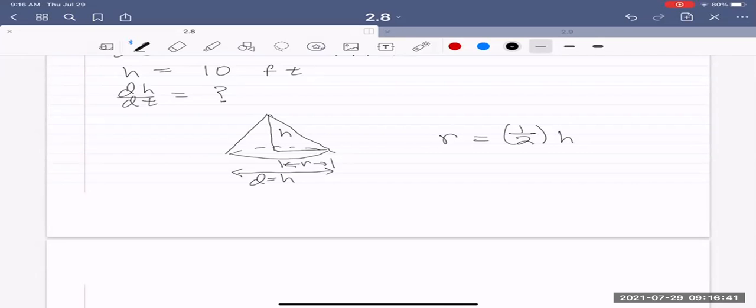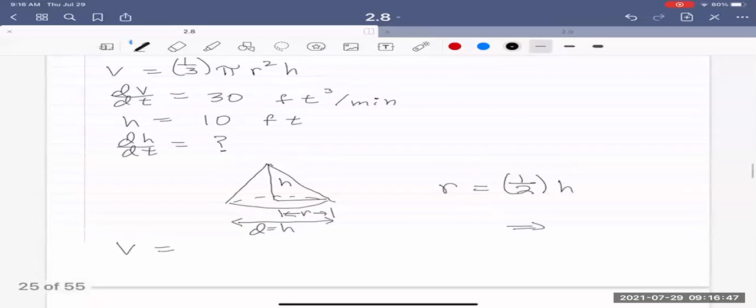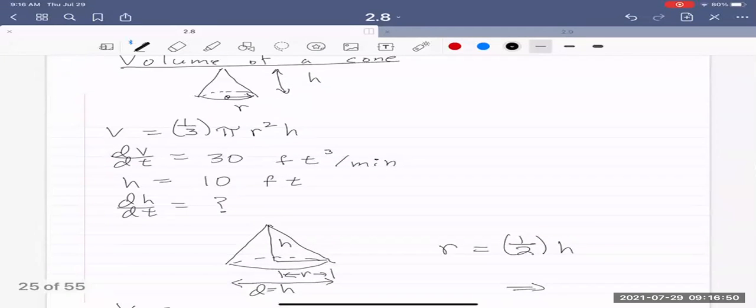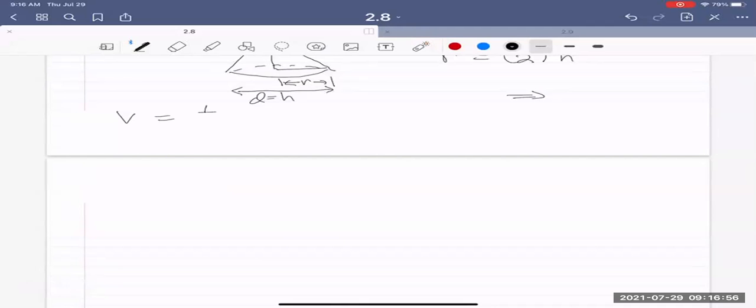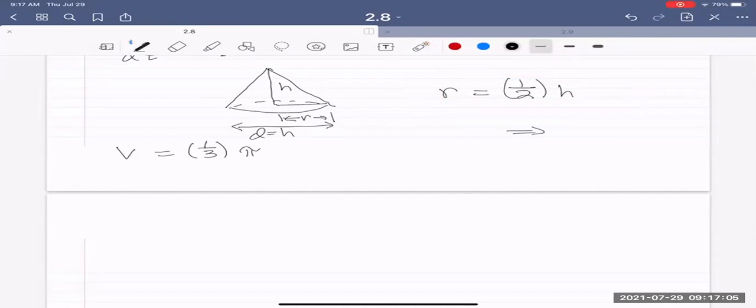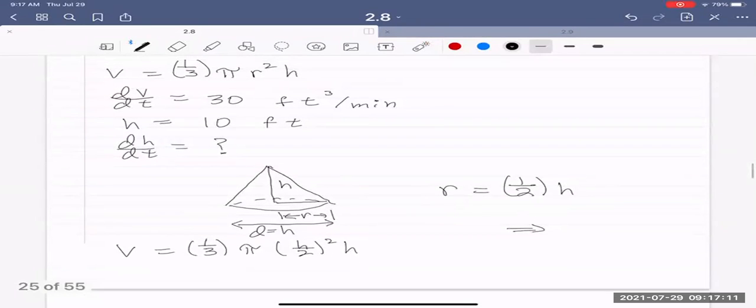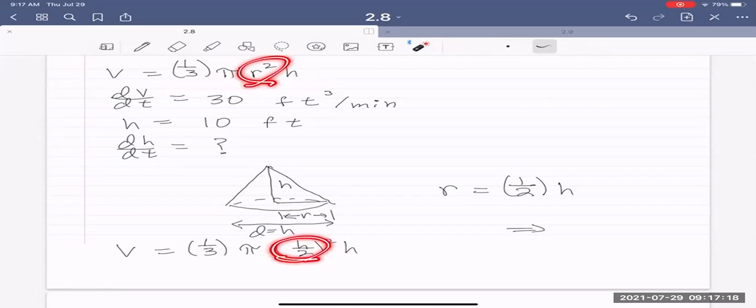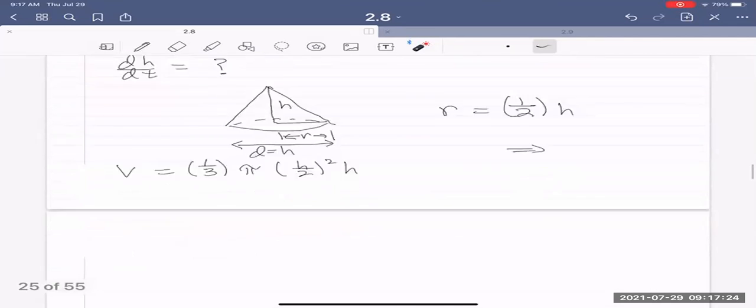So the volume is 1/3 pi r squared h, where r is 1/2 h. But now everything's going to be in terms of h.